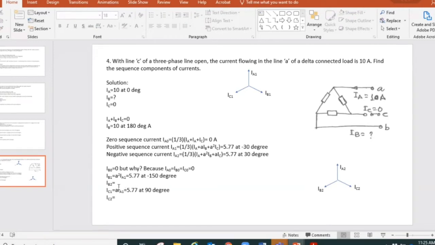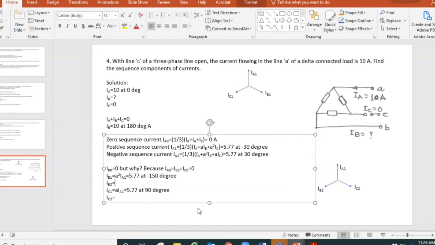Now we go back to IB2, which is located in reference to phasor IA at 120 degrees. So it is A IA2.